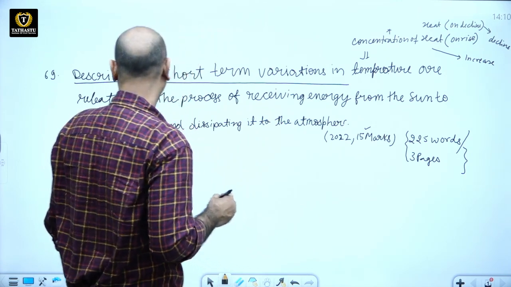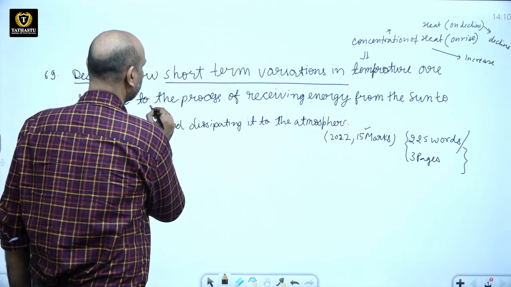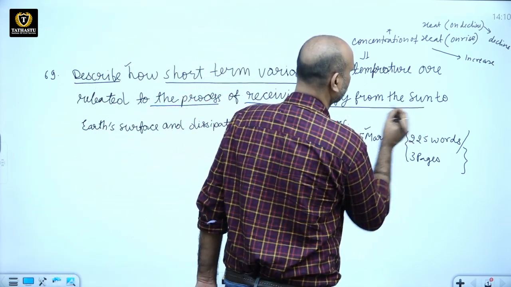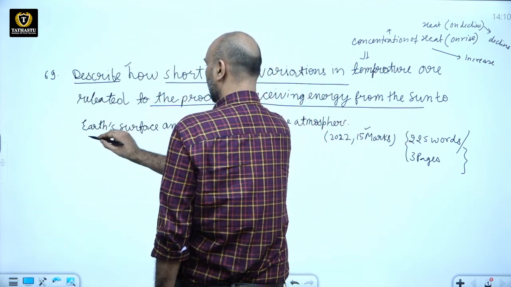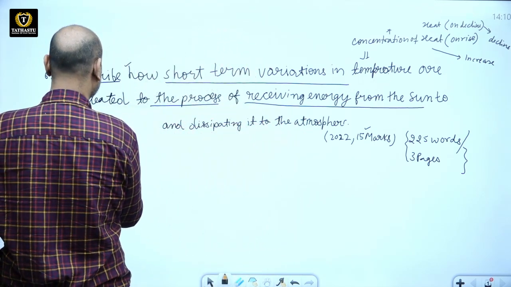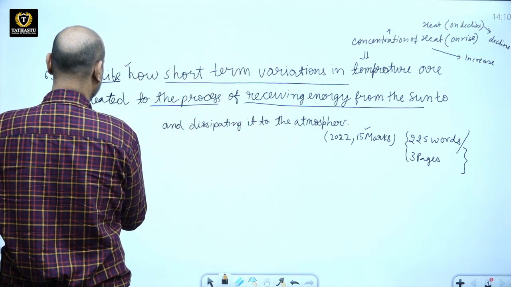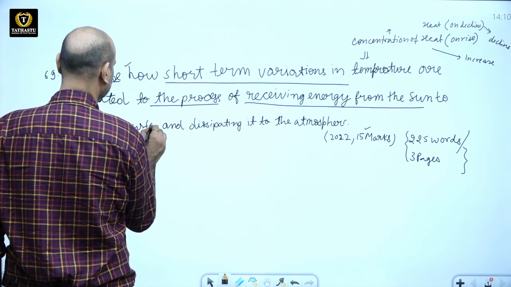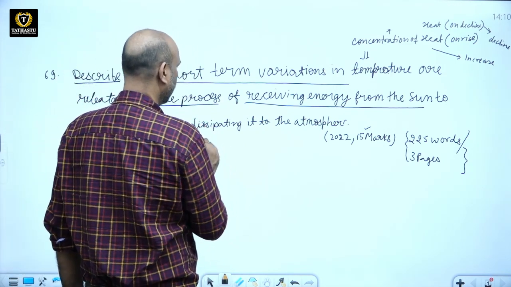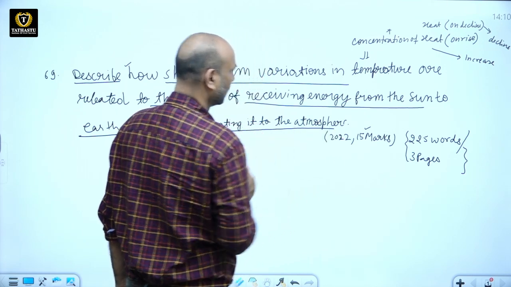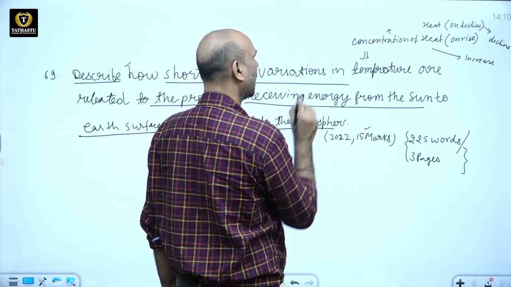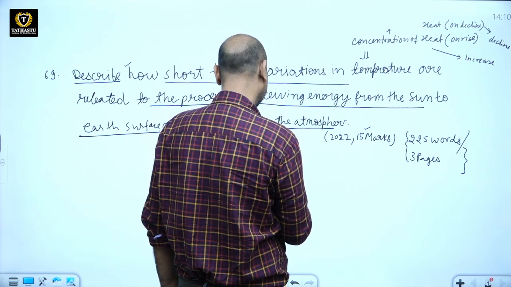Now, related to the processes of receiving energy from the sun to earth's surface and dissipating it to the atmosphere. It means that we have, and how the heat is controlled.